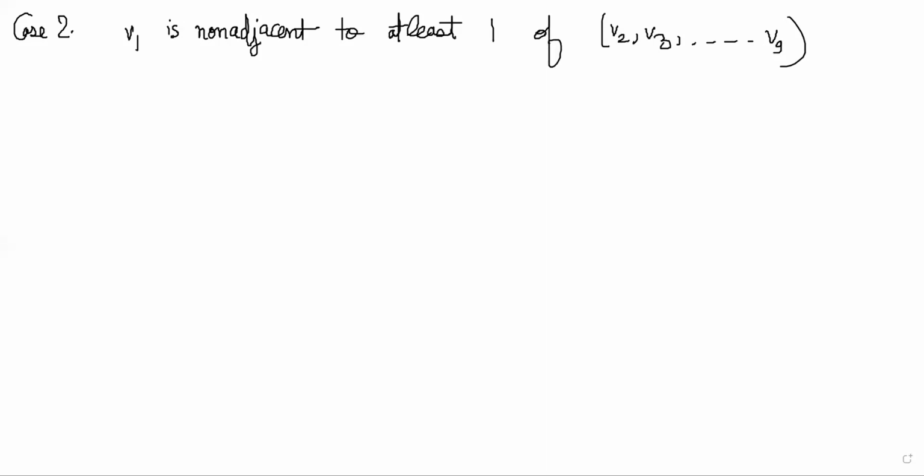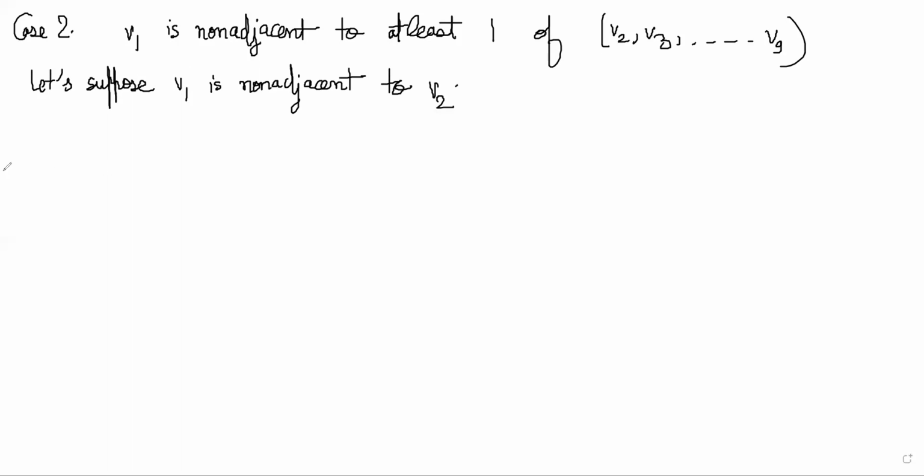So without any loss of generality, let's suppose that V1 is non-adjacent to V2. Now, what is my claim?